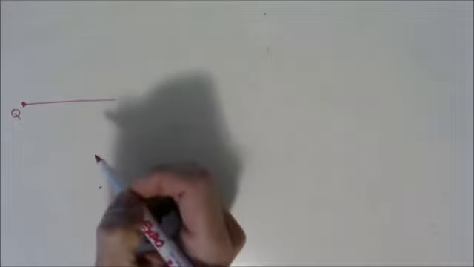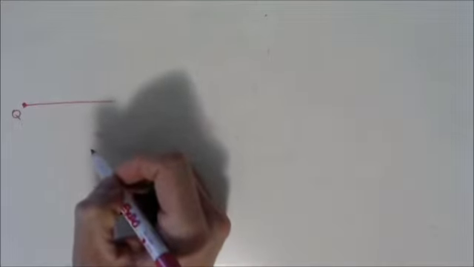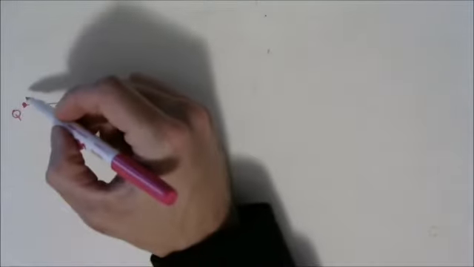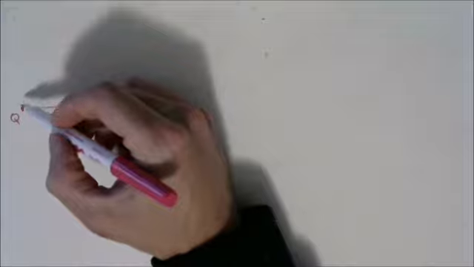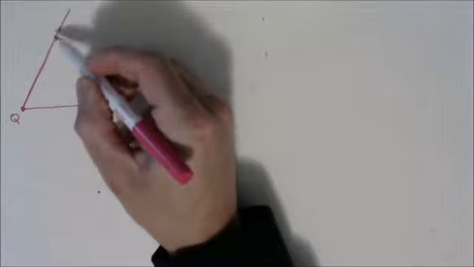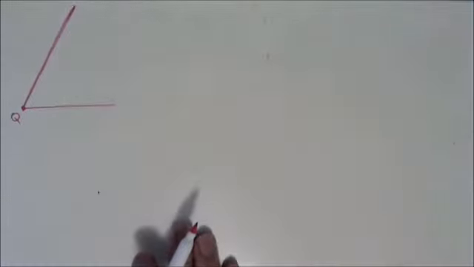I can erase a piece of it if it's too long, and I can add a piece to it if it's too short. I know from Quentin's point of view, the others are separated by an angle of 72 degrees. So 72 maybe looks something like that. I don't know how long that piece is supposed to be, but we'll leave it like that for now.